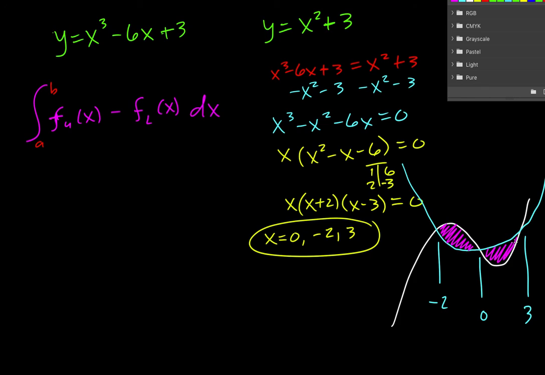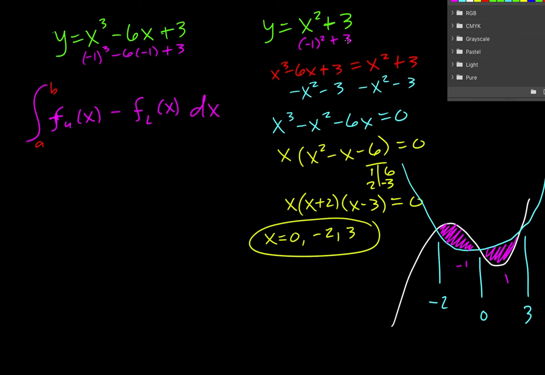Now, to test that, we always want to test that. I'm going to plug in a negative 1 because that's going to be in between here, and I'm going to plug in a positive 1 to double check. So right here, I plug in a negative 1, and I plug in a negative 1 here.